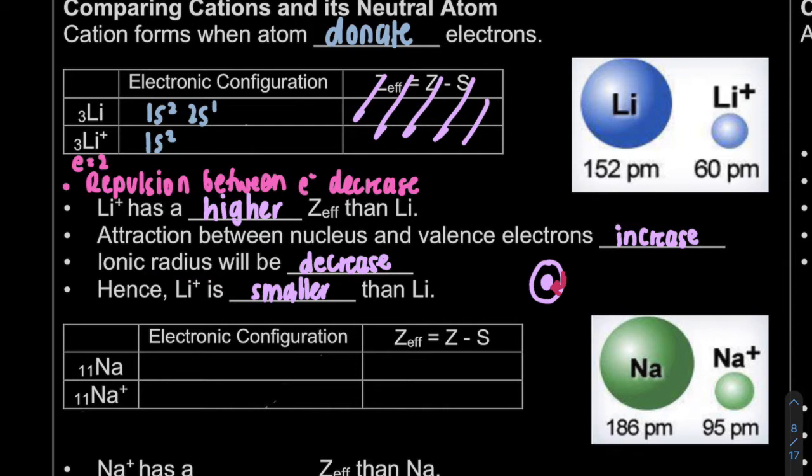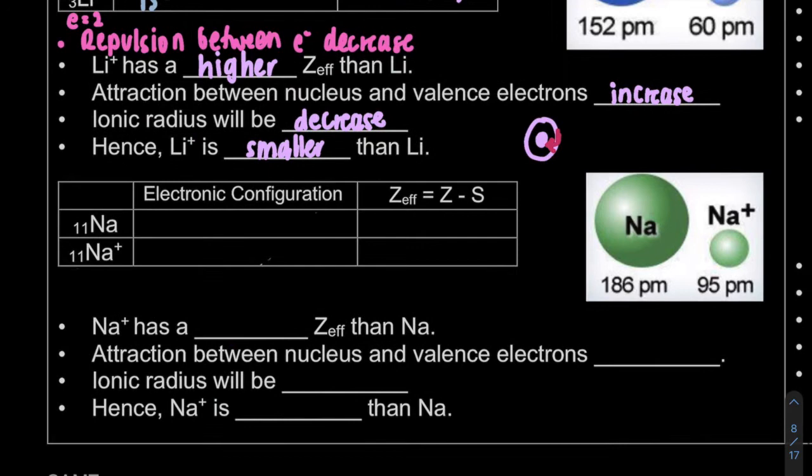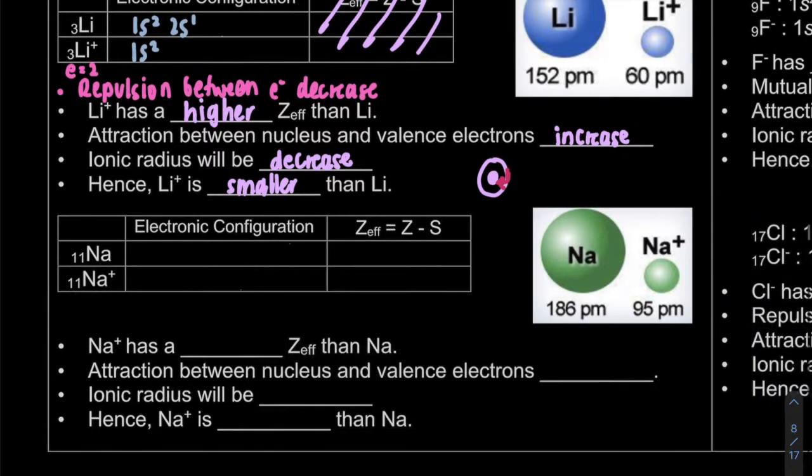Next, sebenarnya kita senang tengok pada calculation dia. Zeff ni juga kita tengok pada sodium. For the electronic configuration of sodium, kalau the neutral one, dia adalah 1s2, 2s2, 2p6, 3s1. Kalau Na+, maknanya we have donated 1 electron kan.